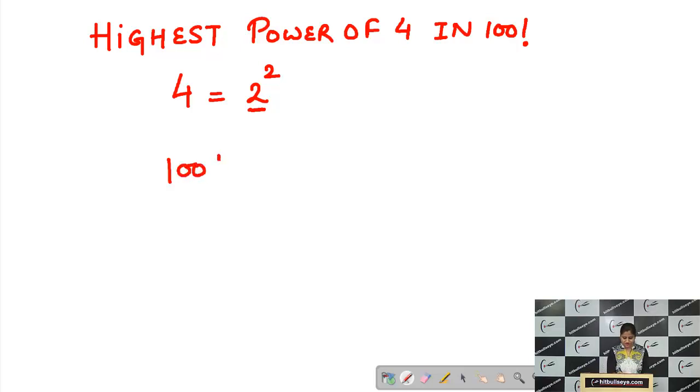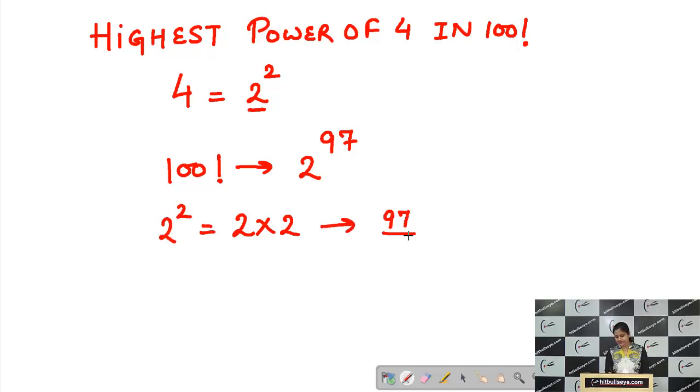As we know, in 100 factorial, 2 comes 97 times. If 2 comes 97 times, 2 into 2, that is 2 square, will come how many times? It will come 97 by 2 times, which comes out to be 48 times exactly. So that is the answer in this case.